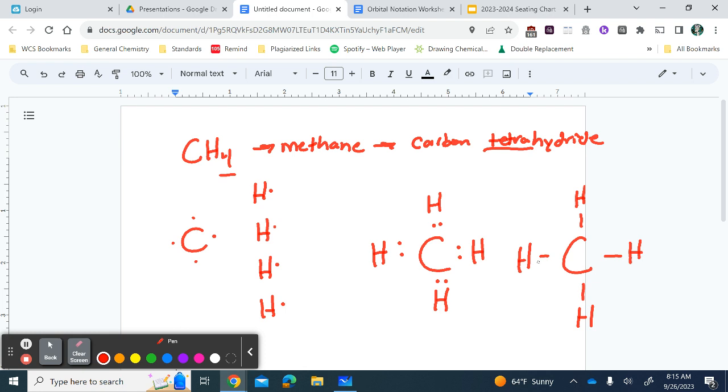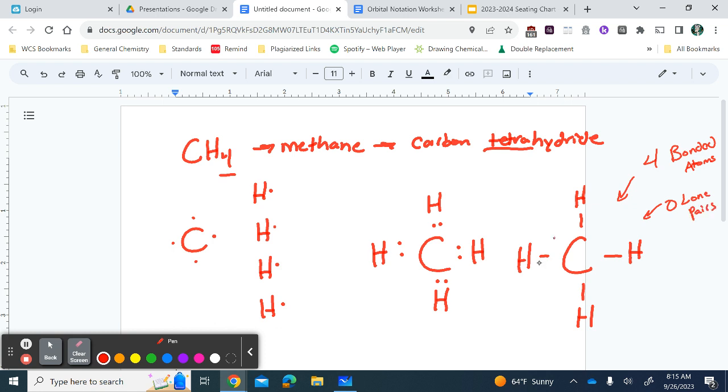Now we can get into this just a little further. What we can talk about here is the total amount of bonds that carbon is able to make. In this case, we have 4 bonded atoms, or that's 4 elements that are bonded to the carbon. It has 0 lone pairs because every single electron is bonded.